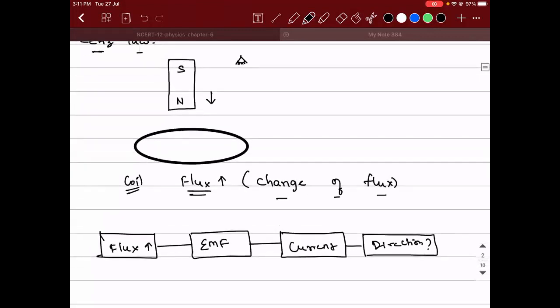Now, listen to this carefully. When any pole, I'm taking the example of North Pole here, instead of North Pole, if I had a South Pole, whichever pole is moving towards a pickup coil, I told you what a pickup coil is, right? The pickup coil is the one in which the magnetic field will get induced.